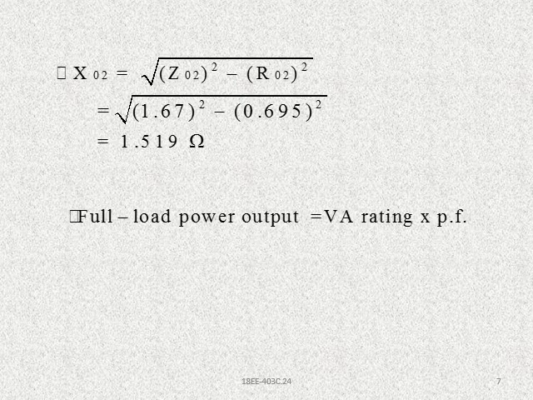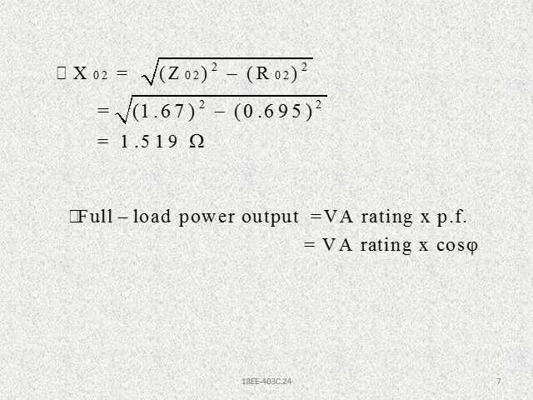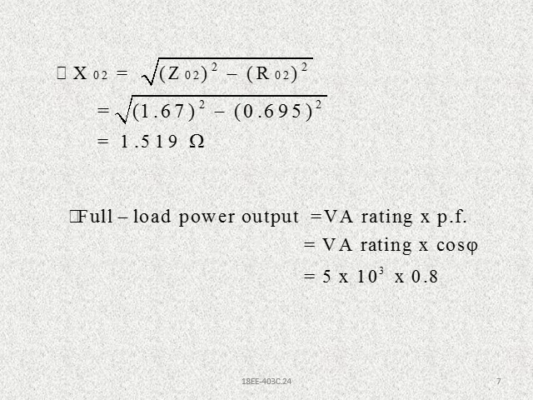The full load power output is equal to VA rating into power factor, nothing but VA rating into cos phi. So VA rating is 5 into 10 power 3 into 0.8. That gives us 4000 watts.